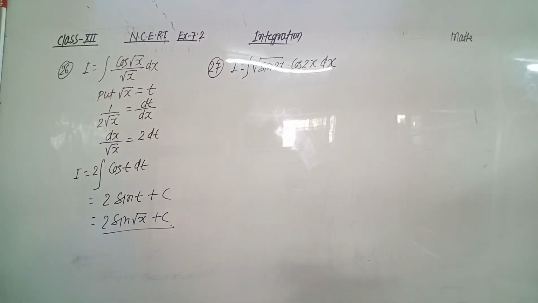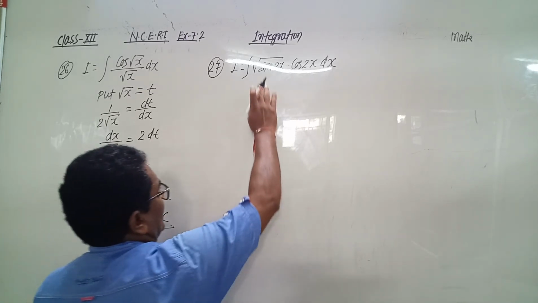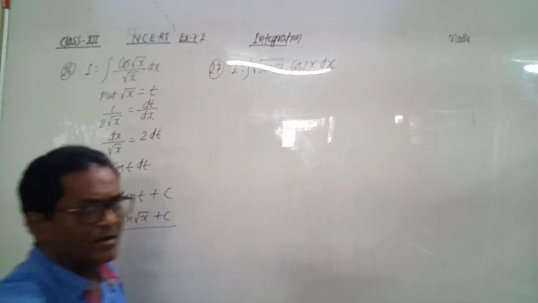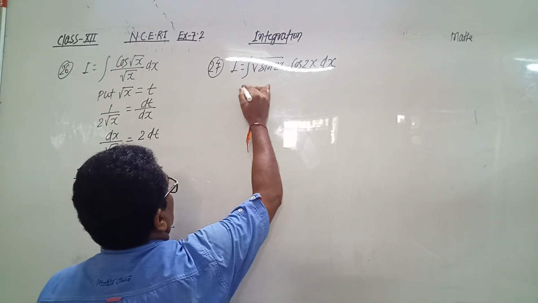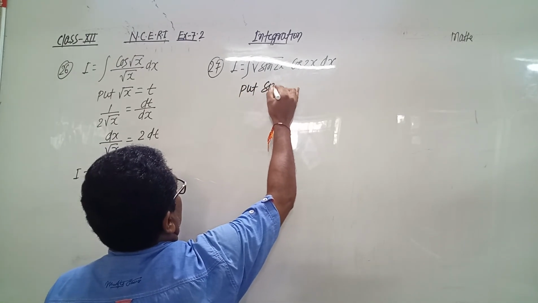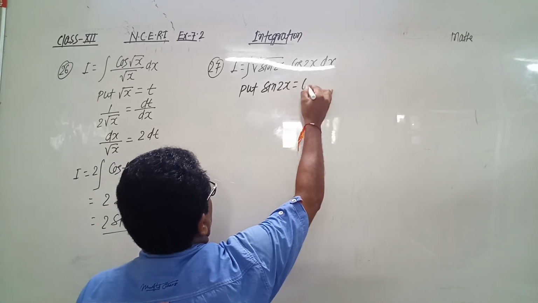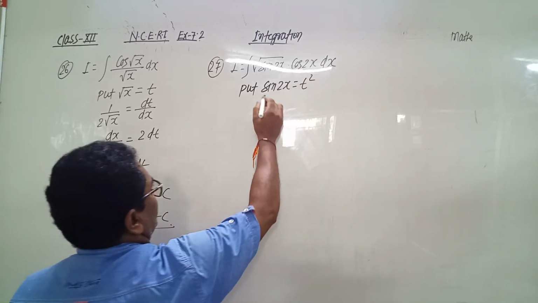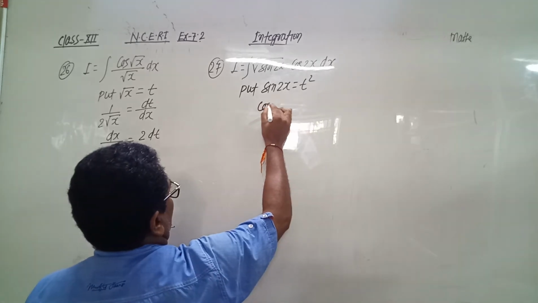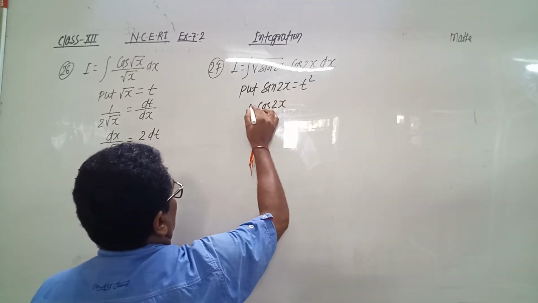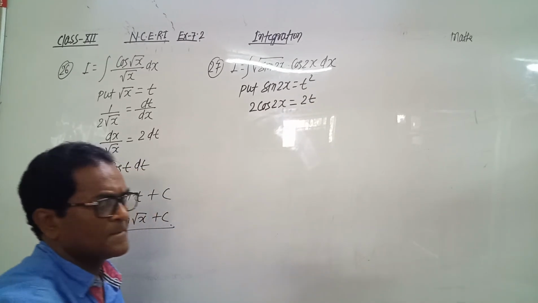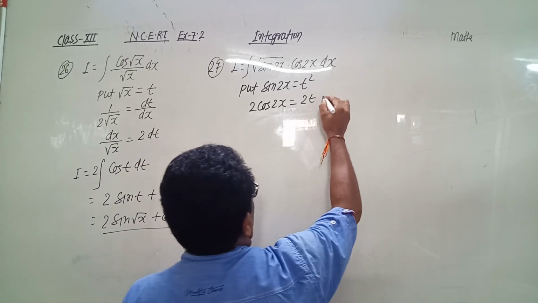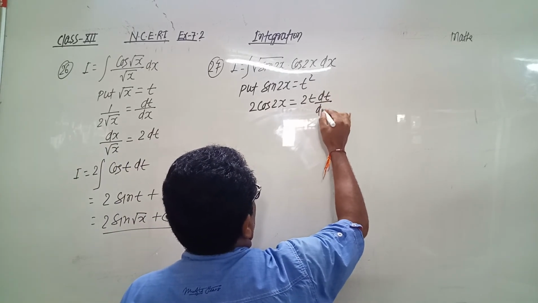So we put sin 2x equals t square, because the term sin 2x is in a square root, so in a square root we put t square. Differentiation of sin 2x is cos 2x, and differentiation of 2x is 2. Differentiation of t square is 2t, and differentiation of t is dt by dx.